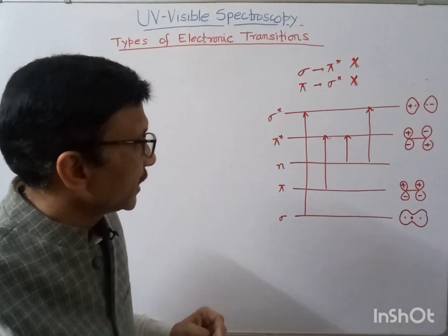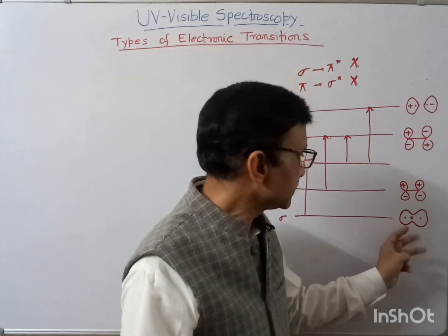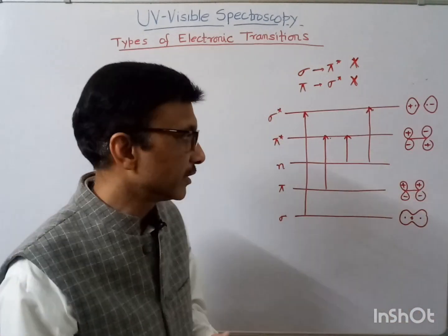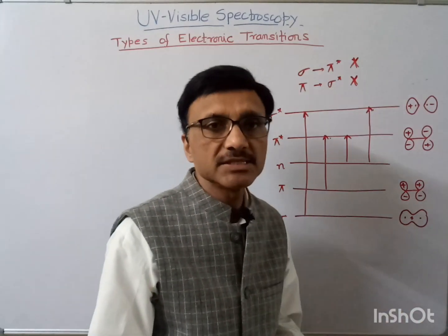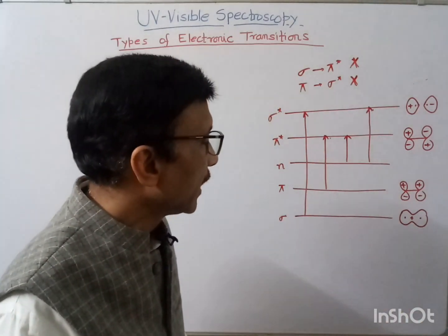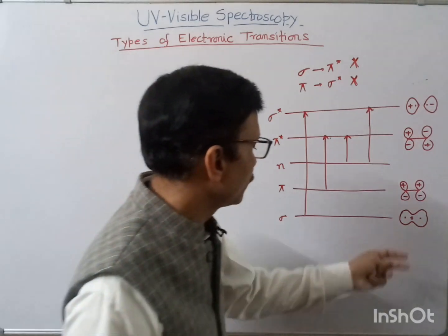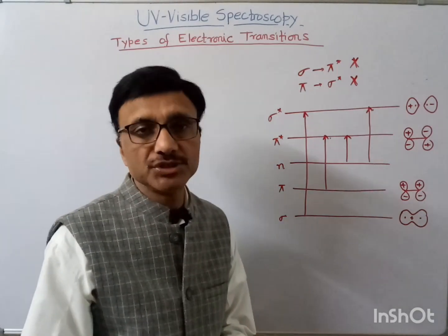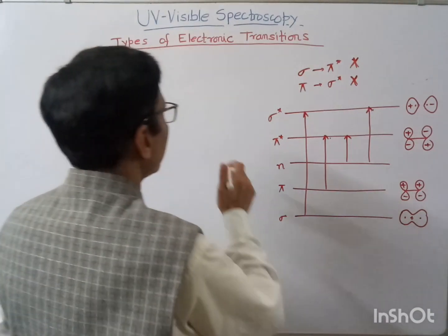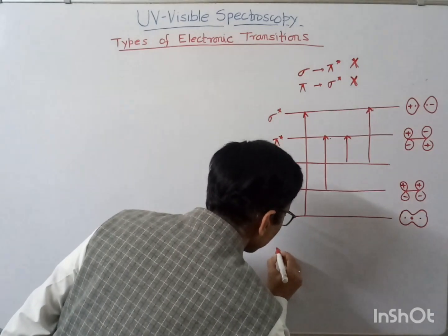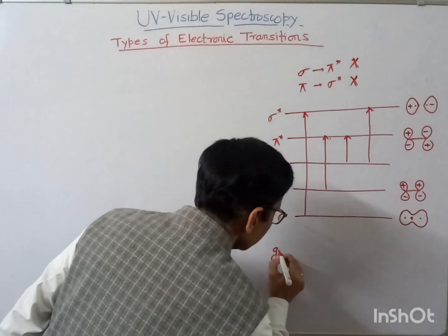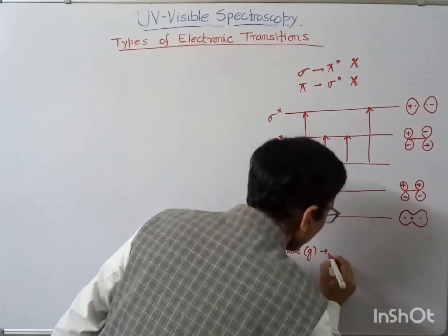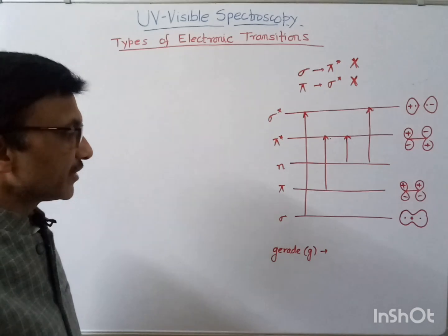is this: if you see the sigma molecular orbital, it is the symmetric one. We can explain it by the concept of gerade and ungerade also. One is gerade, G, and gerade means orbitals having a center of symmetry.